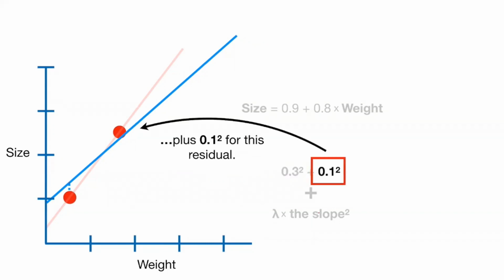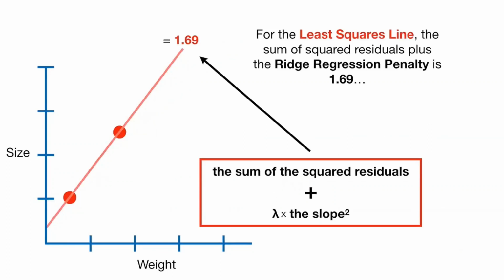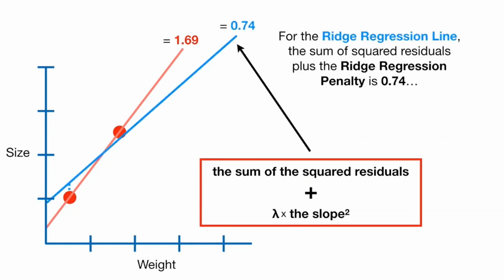If we do the math, we get a value of 0.74, which is obviously less than the previous 1.69 value, right? Now you can see that the value has bettered.